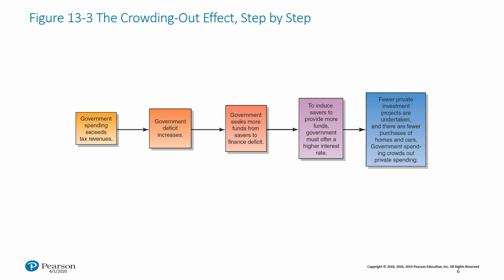There is an increase in government expenditure, and that government spending exceeds the tax revenue. Okay, the tax revenue is income for government, right? But if government spends more than its income, more than its revenues, then what will happen?